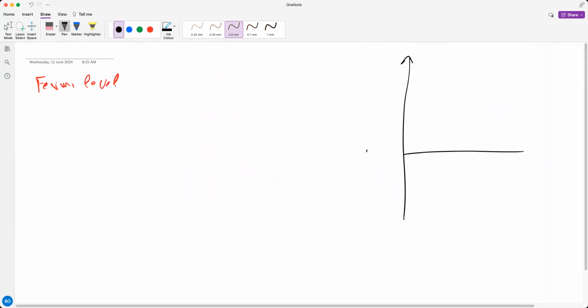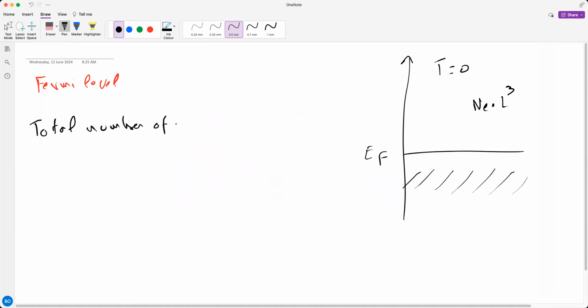If this is the Fermi level, I know at t equals 0, all electrons are here. I know that the density of electrons is Ne, and L cubed is the volume. So the total number of electrons in volume L cubed is Ne L cubed, right?